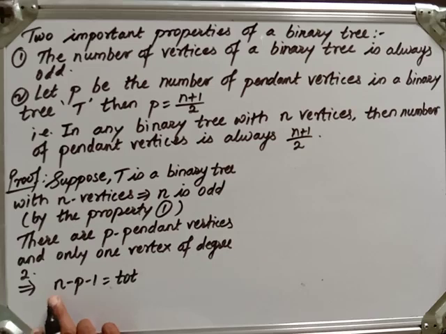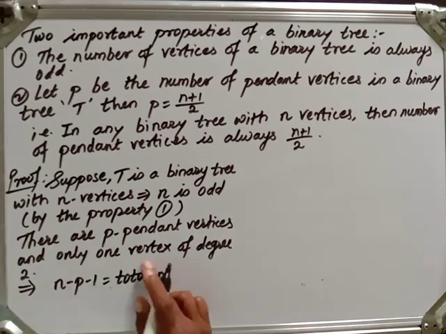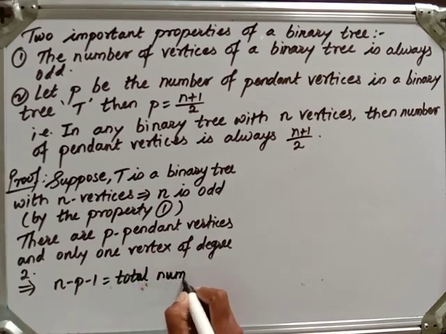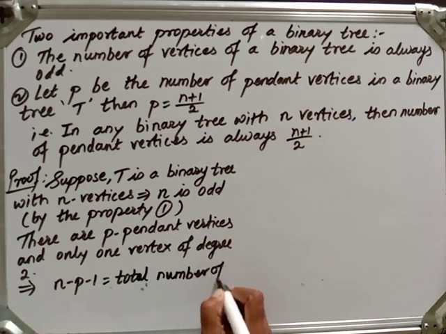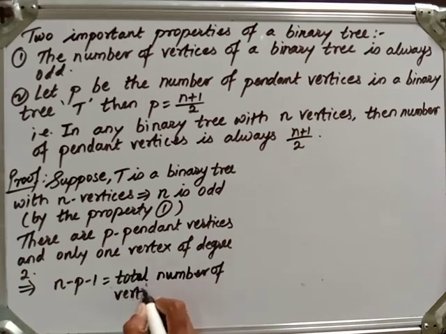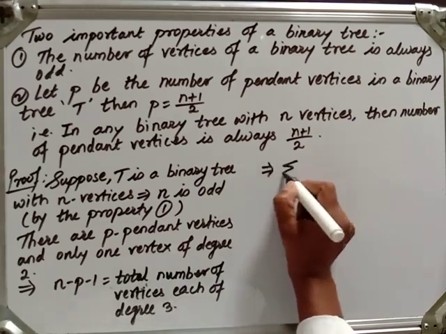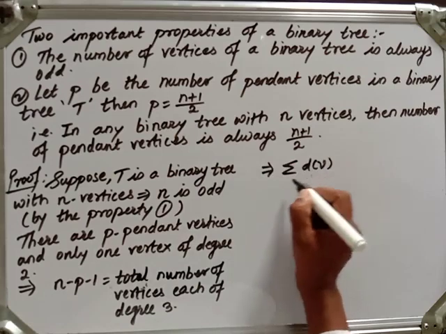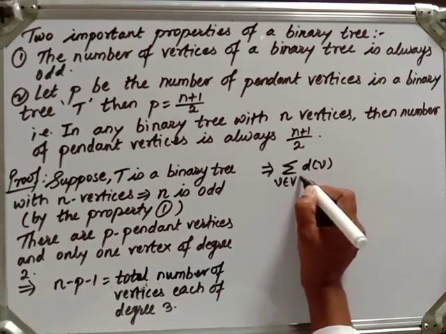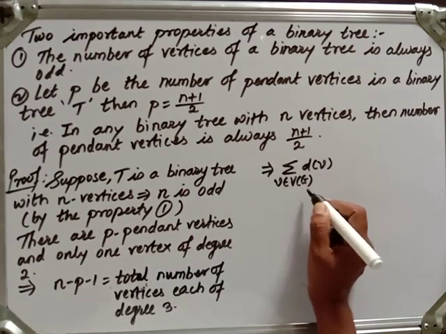So there are n minus p minus 1 vertices, each of degree 3.